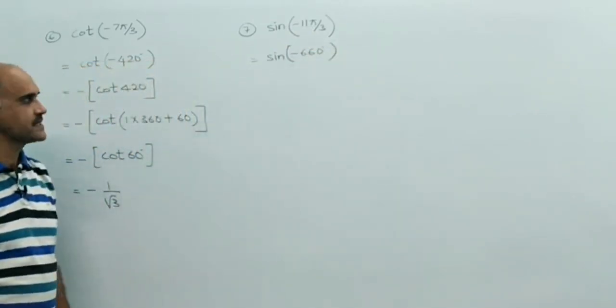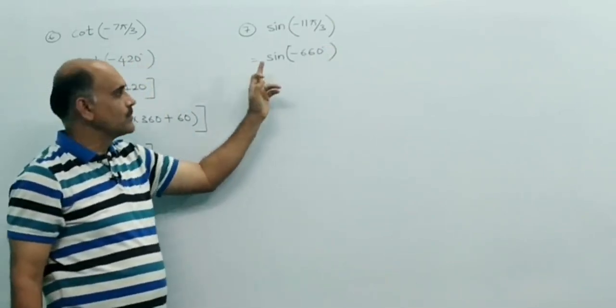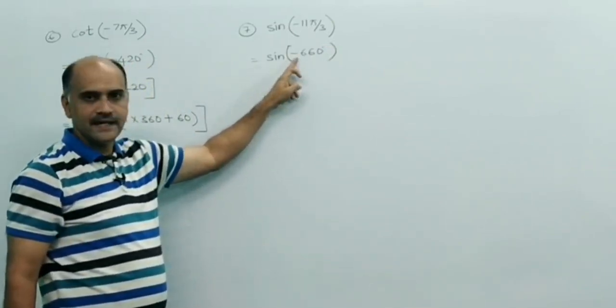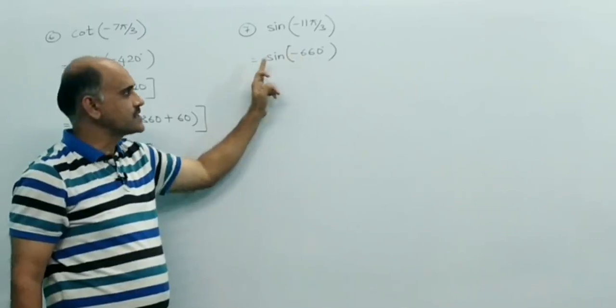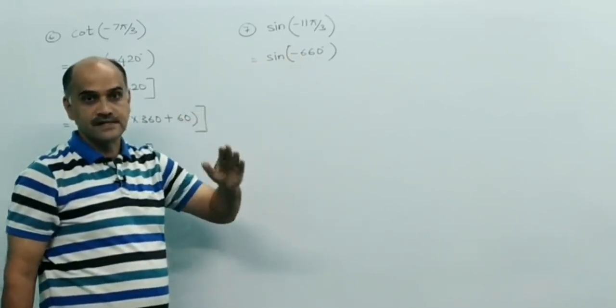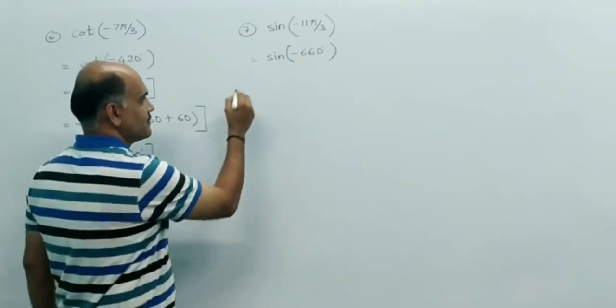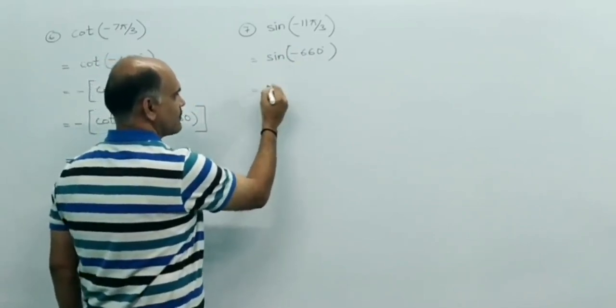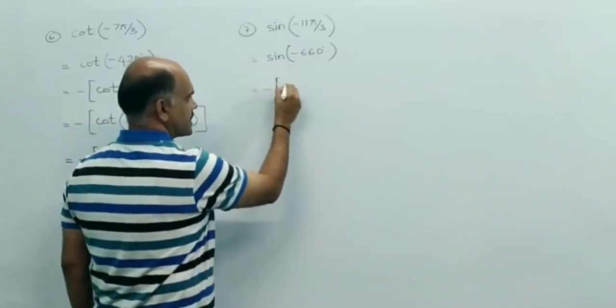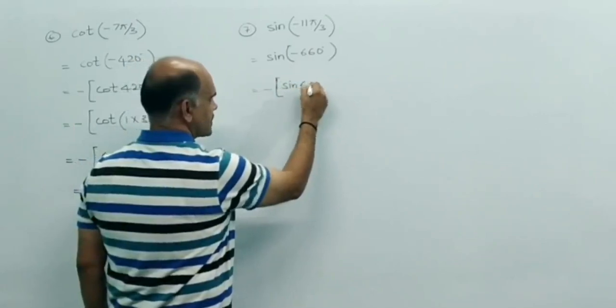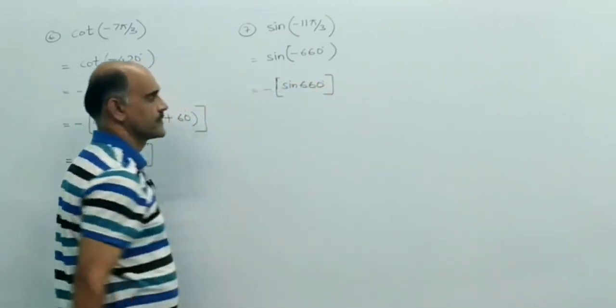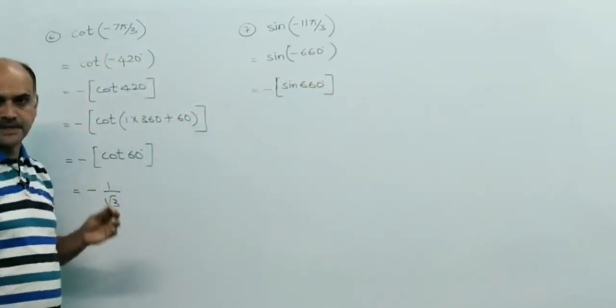Now inside, a negative sign is there, so this negative sign remains. Sine of minus theta is minus sine theta. So you will have minus sine 660 degrees. Clear, students? Minus sign remains.